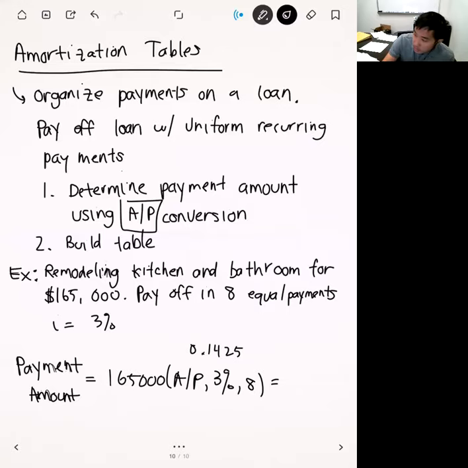And so we have 165,000 times 0.1425. And we get a payment amount of $23,512.50. Okay. All right. And so that's how you compute the uniform payment amount. So you basically just have to do a conversion.